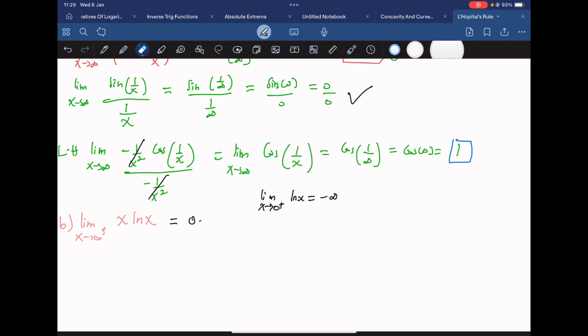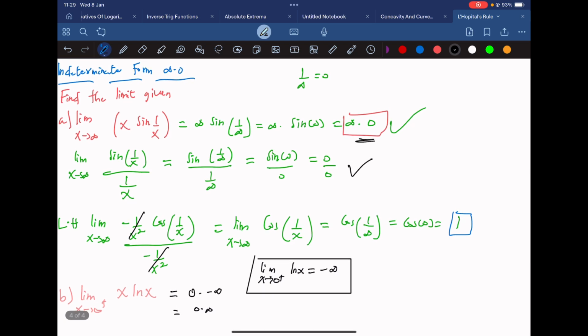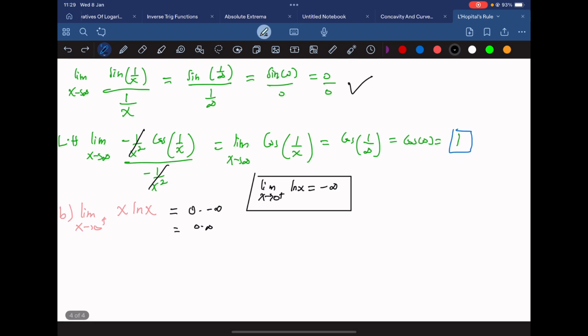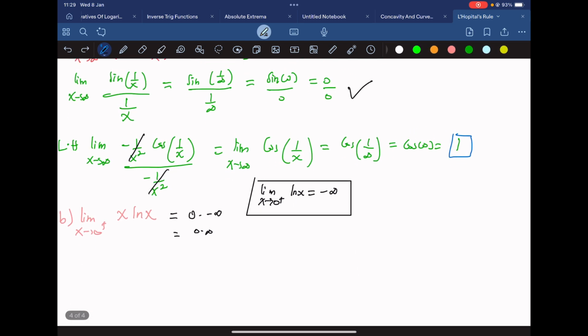So having this in mind, we are just going to have 0 times minus infinity. And if you have this, you can just invert it. So this is the same as just 0 times infinity, which is the same indeterminate form that we have over here. So in that case, as I said before, we have to rewrite the expression.